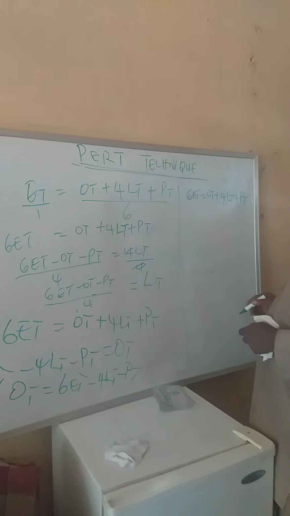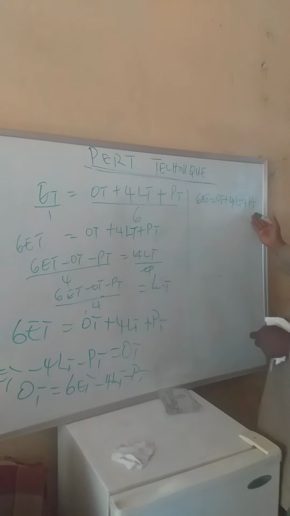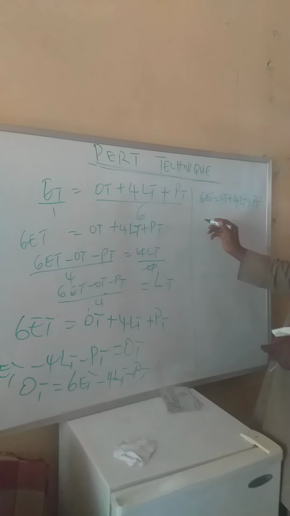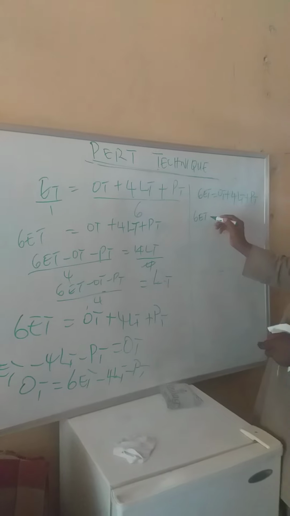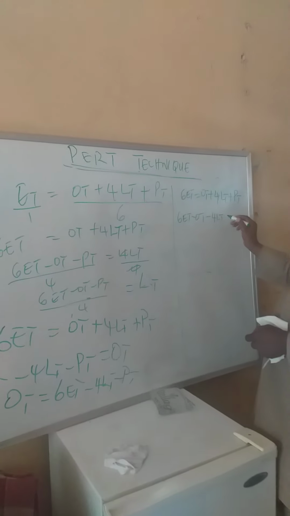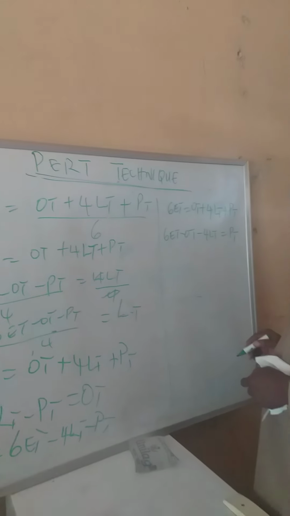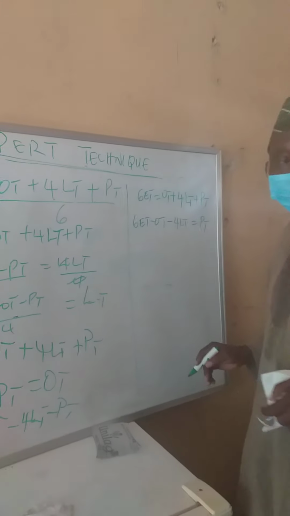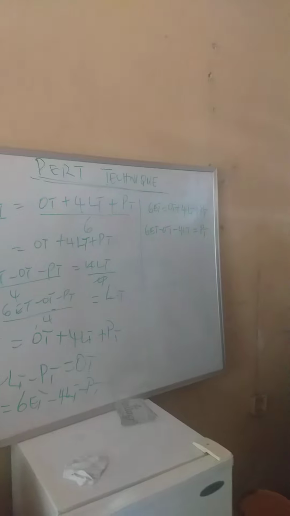So we now want to isolate PT. We transfer other things to the side of ET. Then 6 ET minus OT minus 4 LT is equal to PT. So we have made PT the subject of the formula.